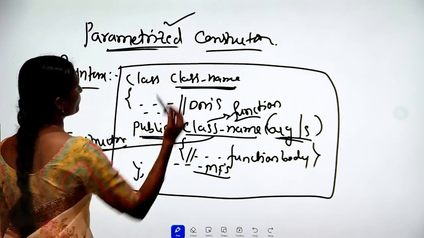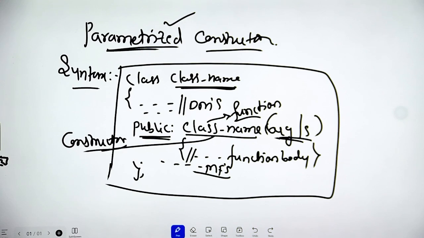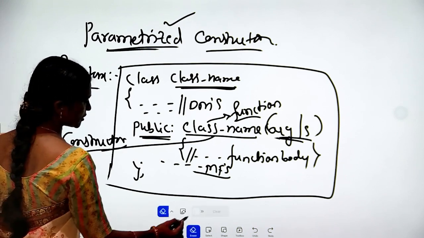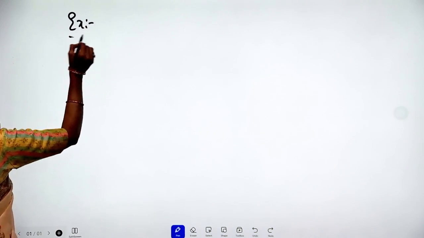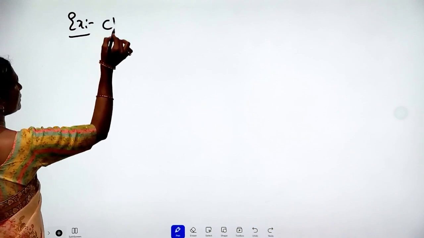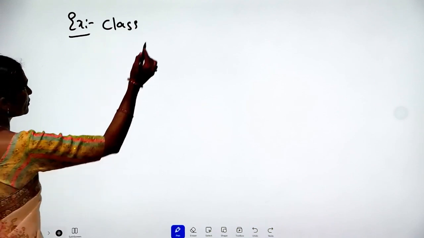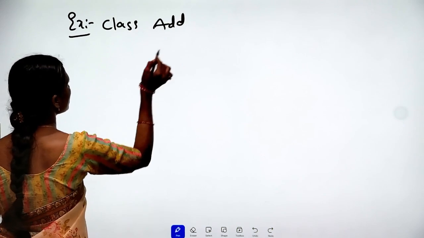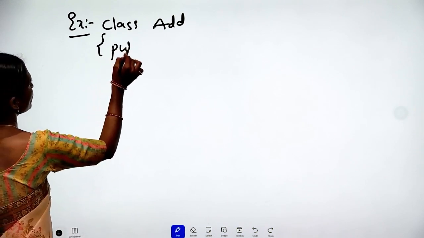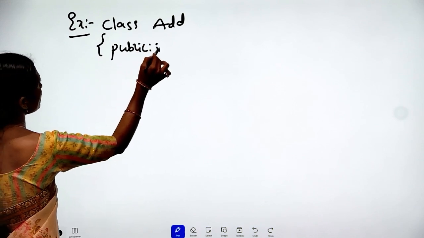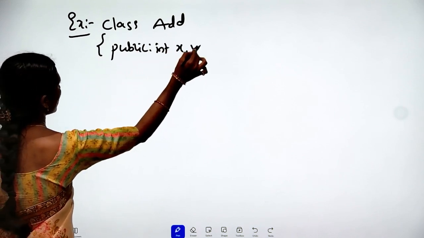Next, the example of a parameterized constructor so that you understand. Let's take the same class, and I will put both here: one is the default constructor for initialization, and the other is the parameterized constructor for passing values. We are going to take two values, x and y.